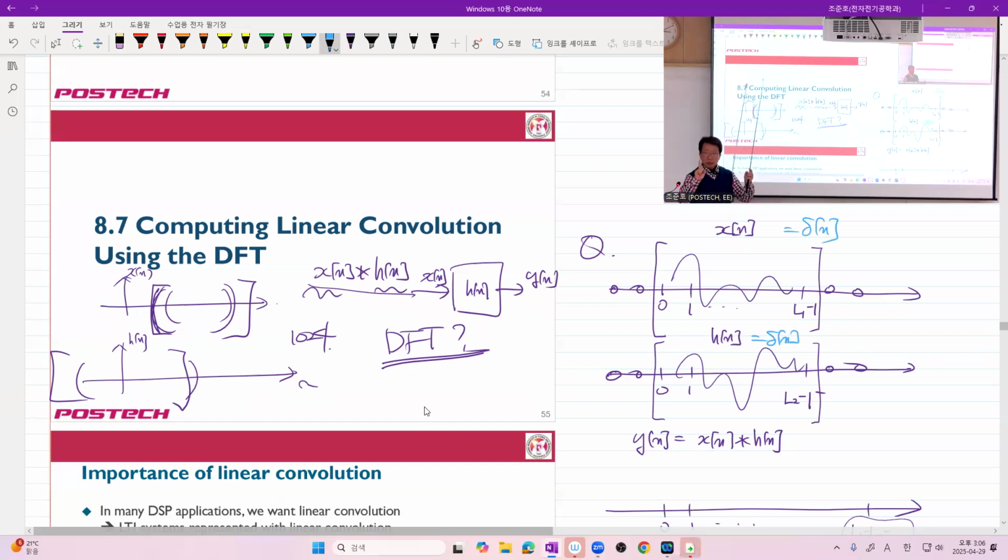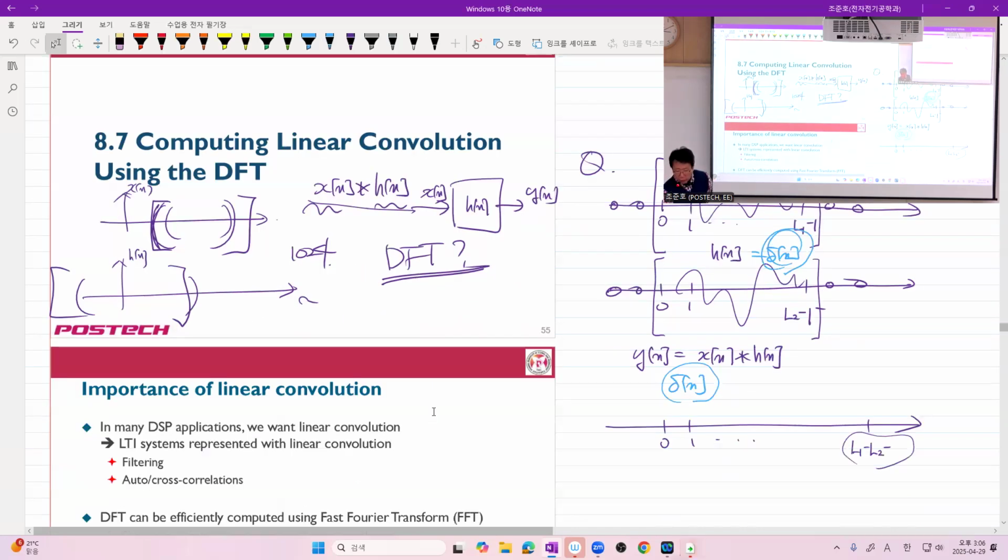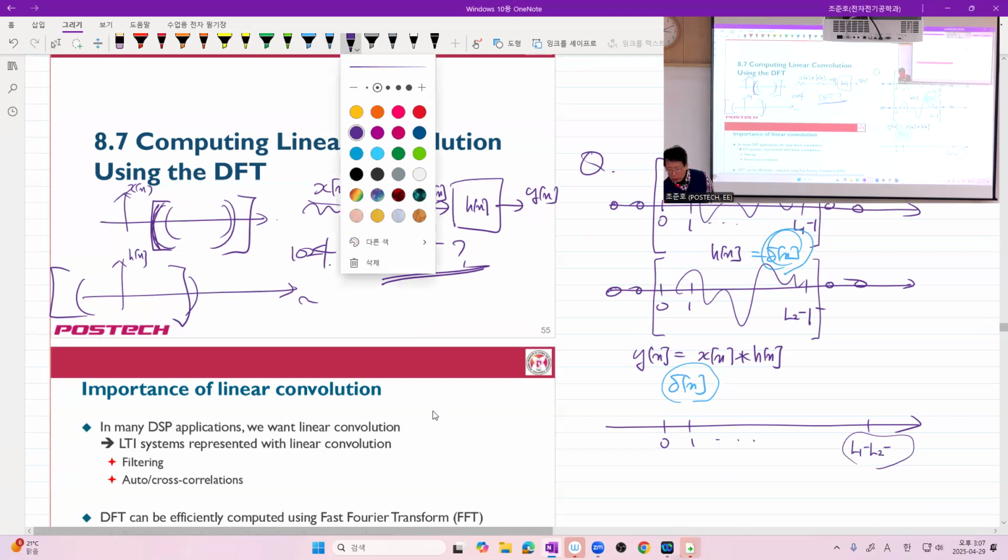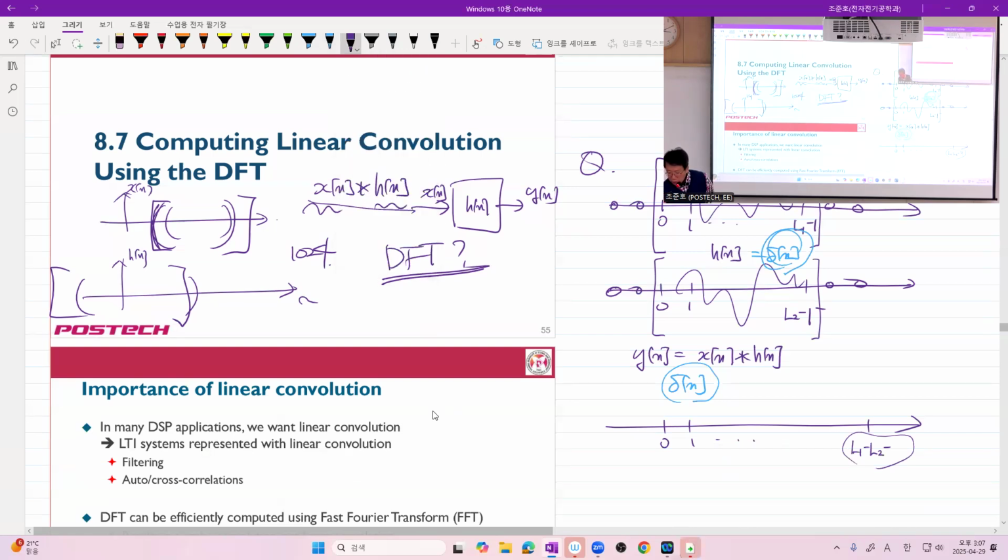Then what will happen? You convolve these two, then you have delta of n, right? So you have one non-zero component, which is the sum of these two minus 1. So here you have the sum of these two minus 1. So this one.